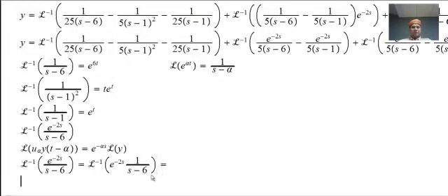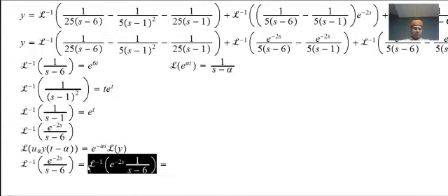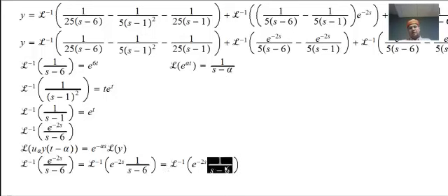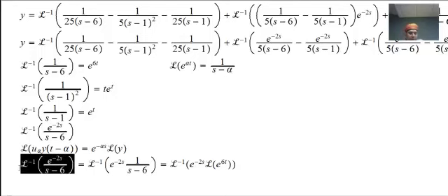Sorry about that. And then what we have, and this is Laplace of who? Laplace of e to the 6 what? T, right? Now go ahead and match this with this, and tell me what I should write for this here.